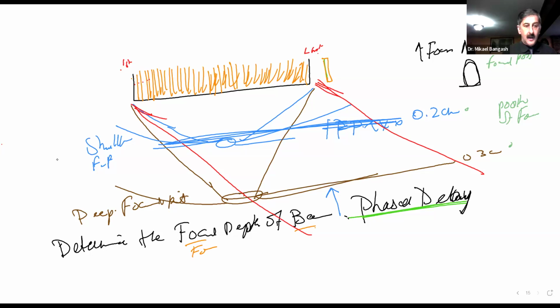Whereas on the other side, when we focus at a great depth, in this case 3 centimeters, there's going to be a lesser phase delay. And what is it that this phase delay is? Well, it lies in the word delay.